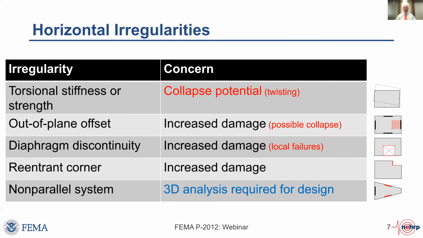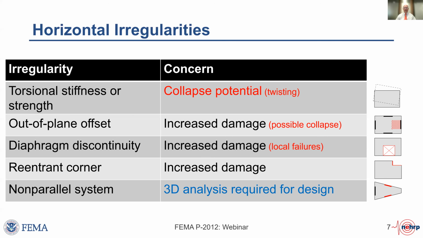And if there is some twisting response in the building due to torsional stiffness or strength characteristics, there is a greater chance of collapse. For the out-of-plane offset irregularity, where the vertical elements of the seismic force resisting system don't extend from the top of the building all the way to the foundation, but there's some offset at one or more levels, that also can cause collapse because the fuse between those vertical elements can fail, and perhaps that was not anticipated by the designer.